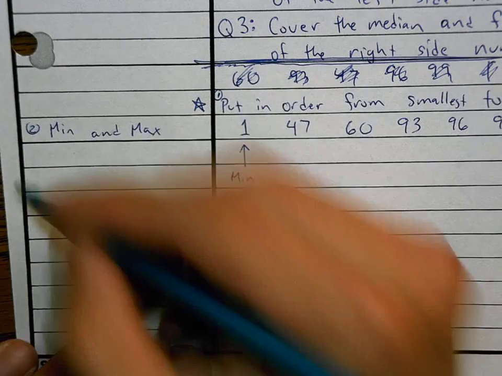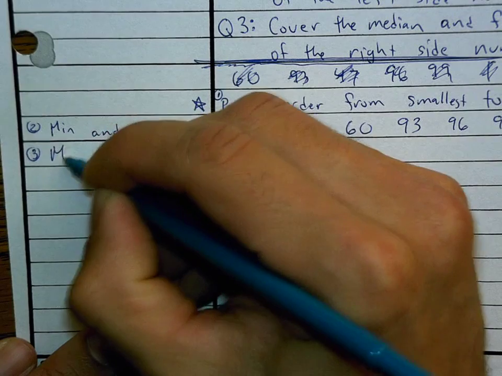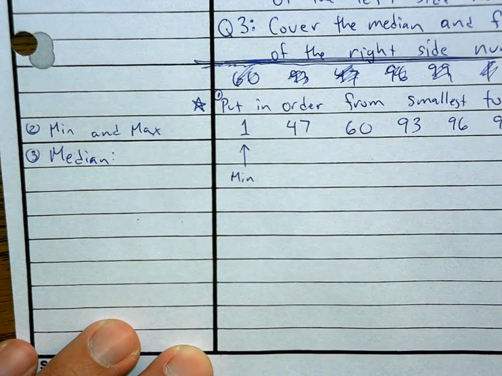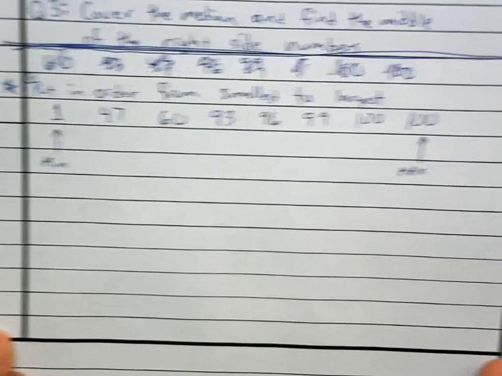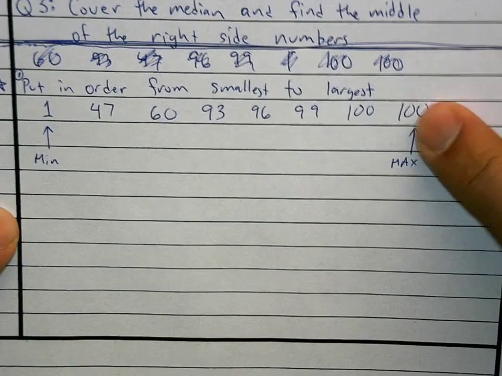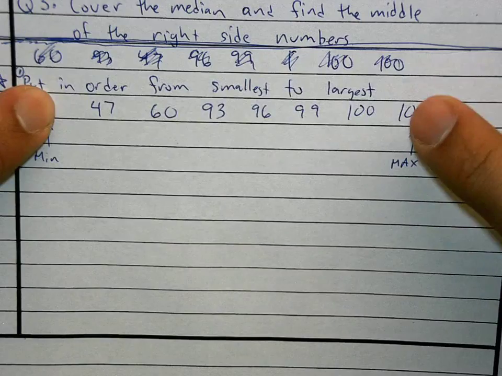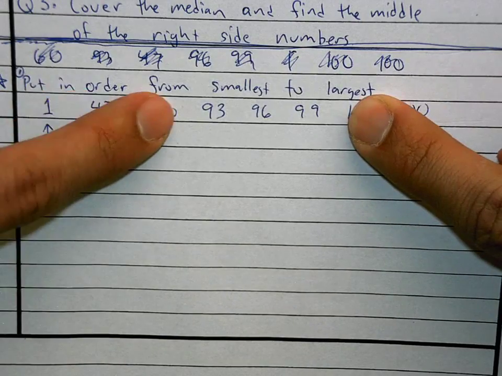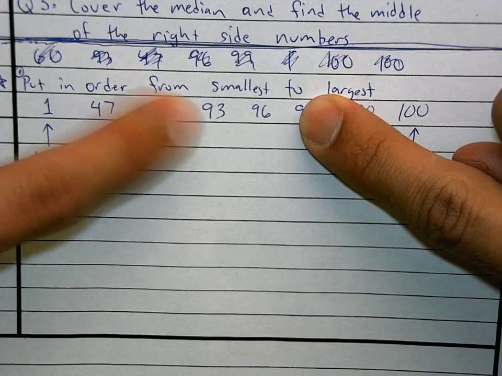The third thing we're going to figure out is our median. And our median is our middle number. So if I want to find our median, what I like to do is say, one number, two numbers, three numbers, four numbers.